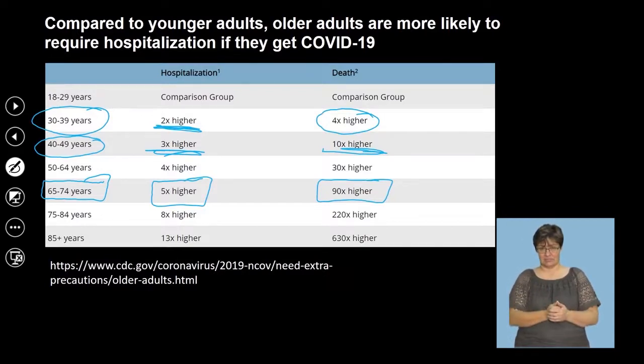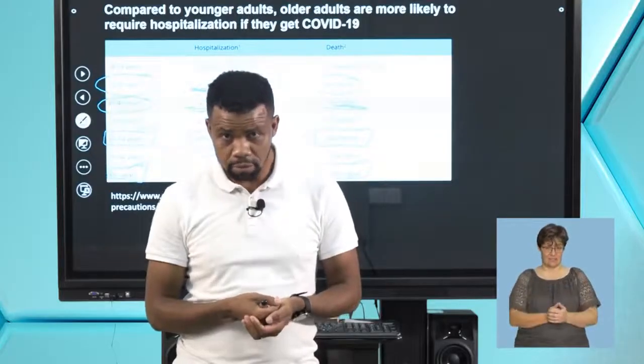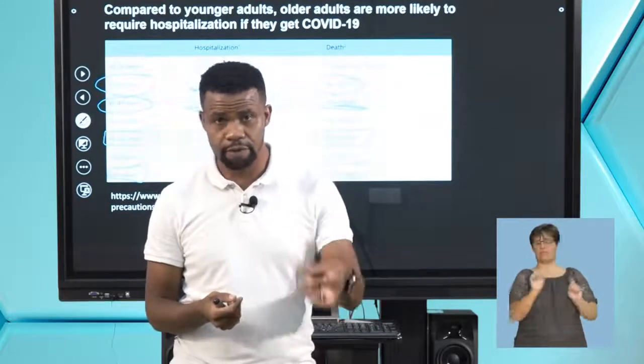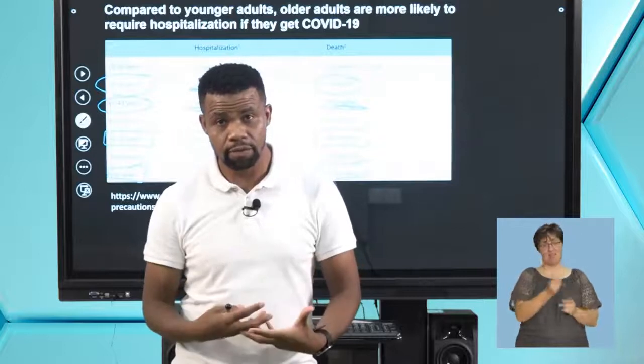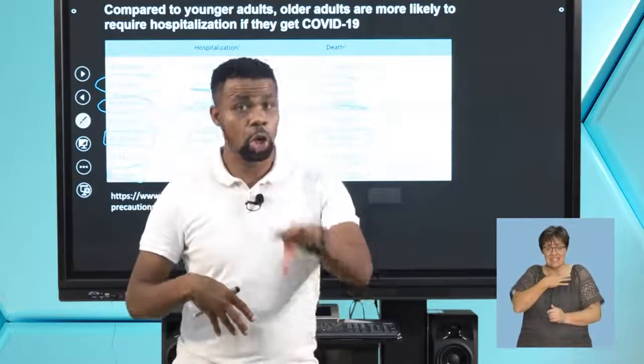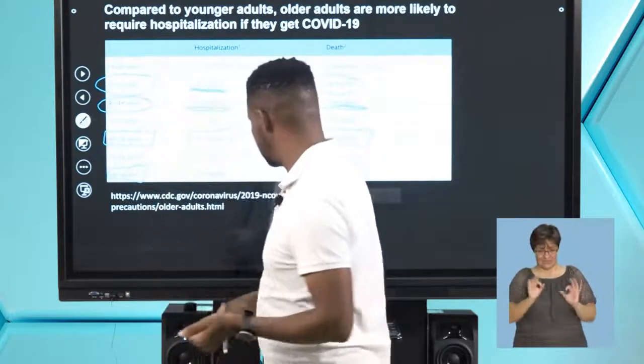And for 85 and above, death is 330 times higher, the chance of dying from it. Very important. Because you're young doesn't mean you cannot be affected by COVID-19; you can really die from COVID-19. It just implies the risk is lower for you. Okay, fantastic.